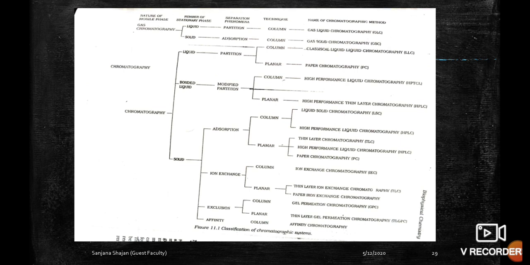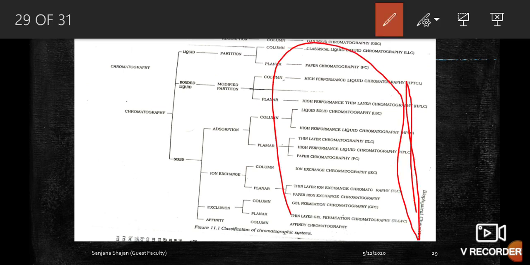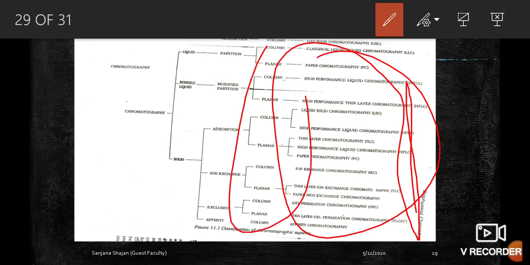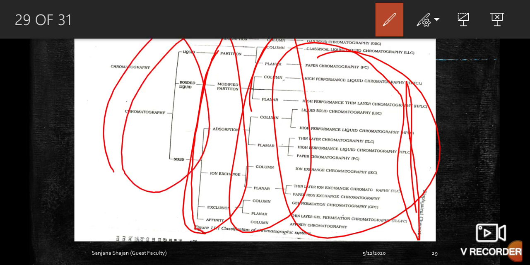And finally, in the end, you can see the name of the chromatographic methods, based on the different techniques, and the parameters used for the separation. Here you have the different stationary phases which are present.